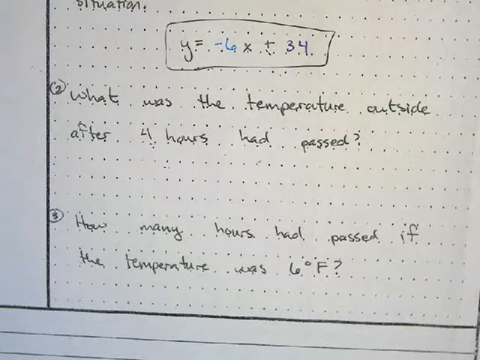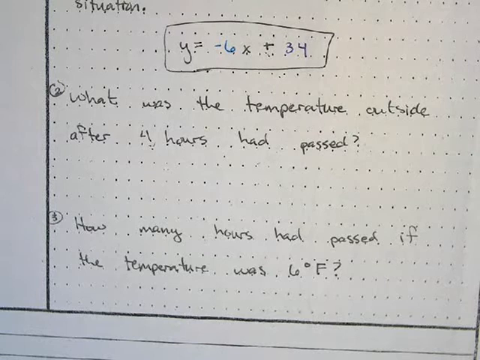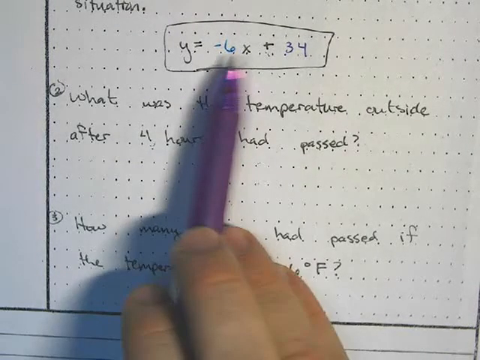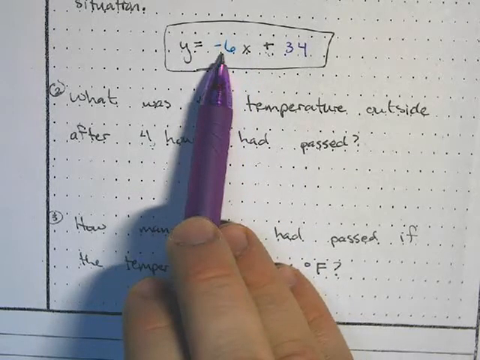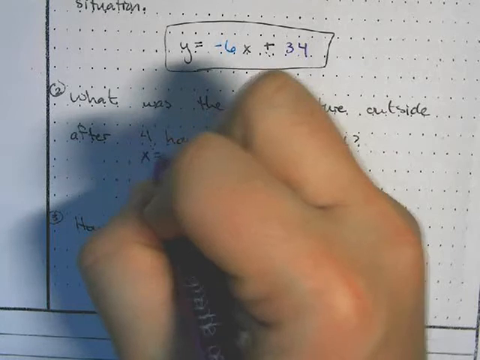So what was the temperature outside after 4 hours had passed? Well, if I'm looking at hours, and I know that I'm decreasing 6 each hour, then x must be my hours, so x equals 4.